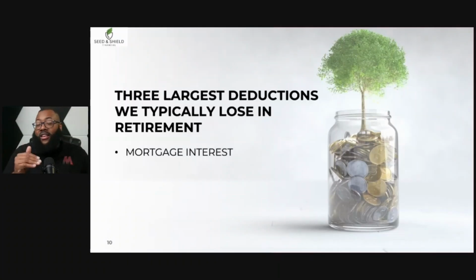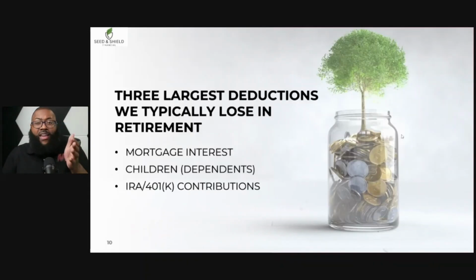It can almost certainly be not true, because you typically lose these 3 deductions when you're in retirement. Mortgage interest, because people strive to pay off their home, right? They're like, oh yes, I'm in retirement, I paid off my home. So what happens is, yes, you don't have a mortgage, but your biggest tax deduction, your mortgage interest, is now removed. No one told you that, right?